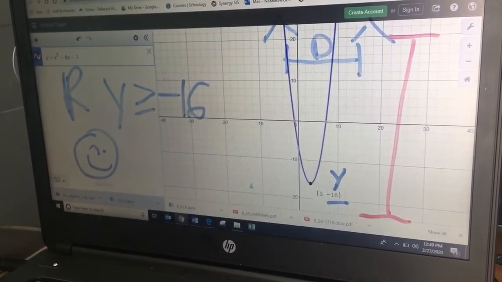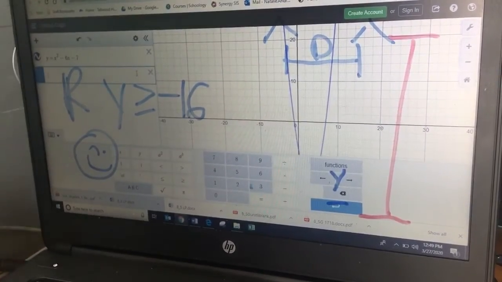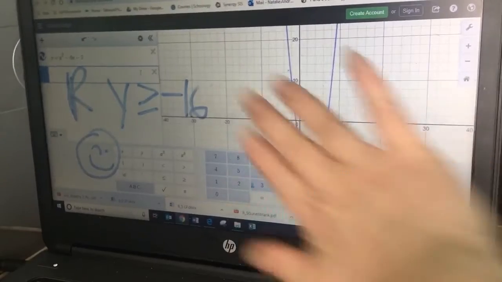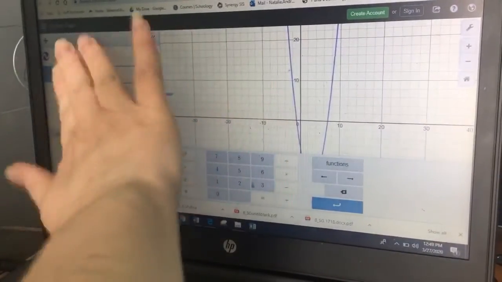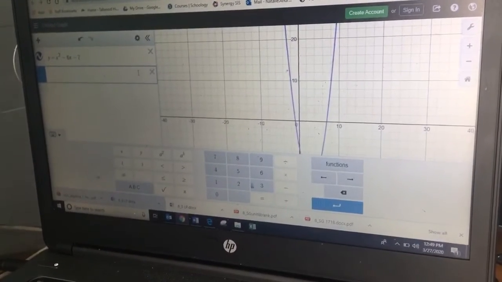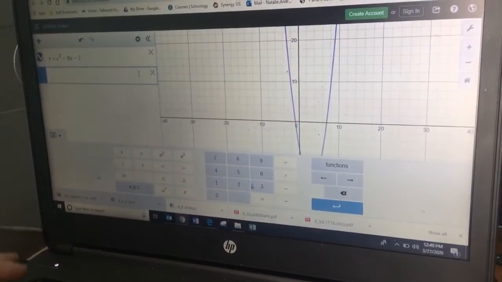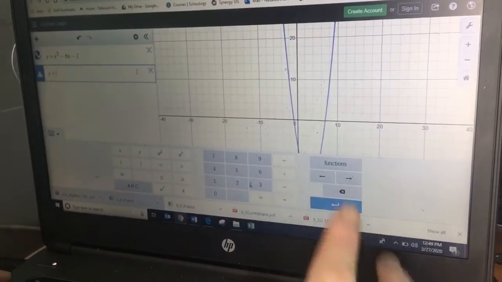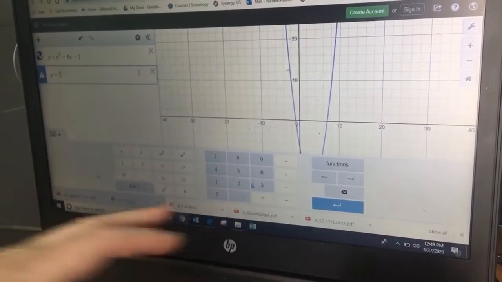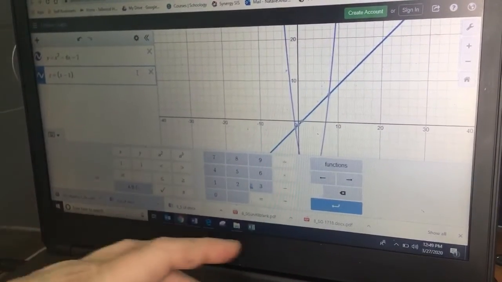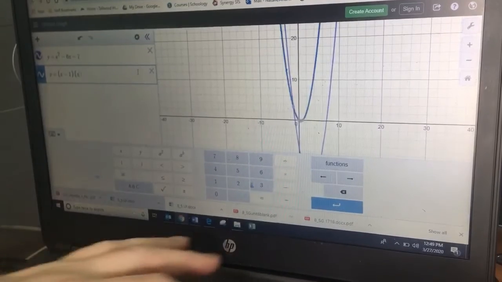All right, and our last step in this problem will be, I'm going to erase everything, except I'm leaving my equation. All right, so what I'm going to do is type in all my equations in. That's the easiest way to do that. y equals (x - 1)(x + 7).